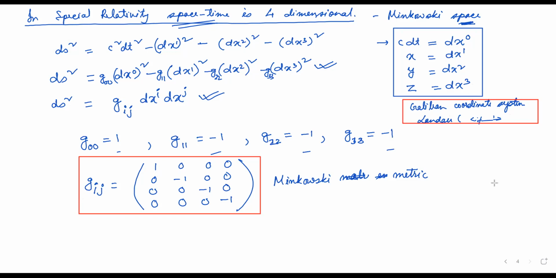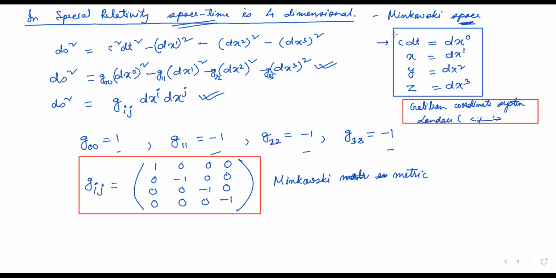Minkowski space is the flat space-time of the special theory of relativity, where there is no gravity present. If you want to introduce gravity, then the space is called the Riemannian space.